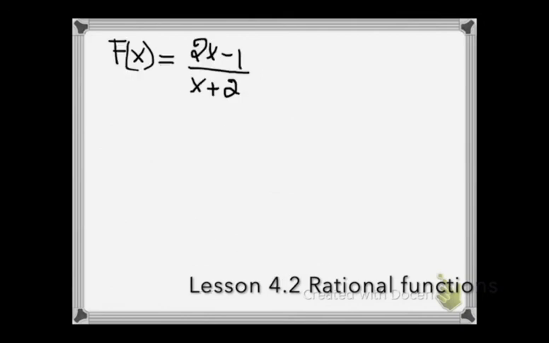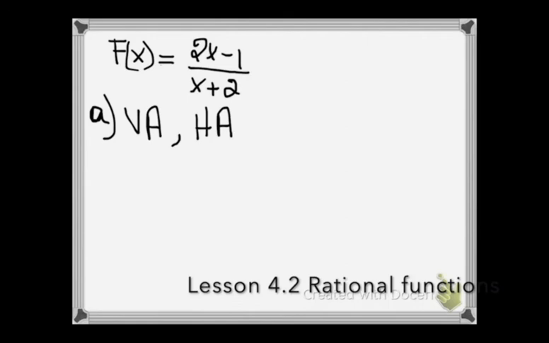We move now to example 3, which is f of x equals 2x minus. We need to find a few things, and then graph. Part A is to find the vertical asymptote and the horizontal asymptote. To find the vertical asymptote, we solve denominator equals 0.